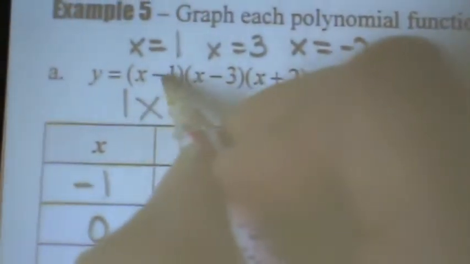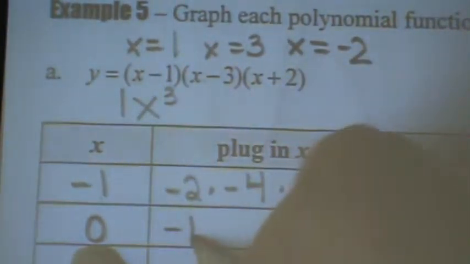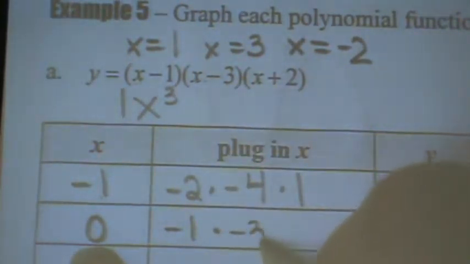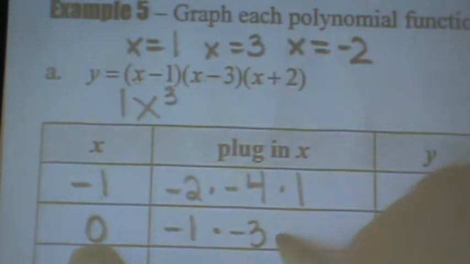So now it's going to go up. Now I don't know, it might go even higher up before it hits the y-axis. Let's check it out. Let's plug 0 in. What's 0 minus 1? Negative 1. What's 0 minus 3? Negative 3. And 0 plus 2 is 2.